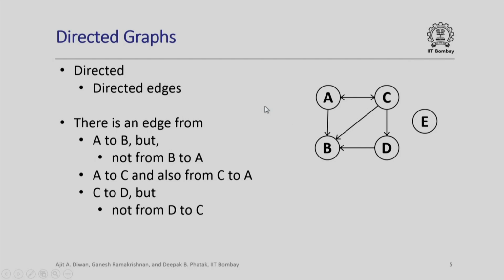Directed graphs, on the other hand, have edges which have directions. These are called directed edges and they specifically indicate the source and destination vertices which are connected by such edges.